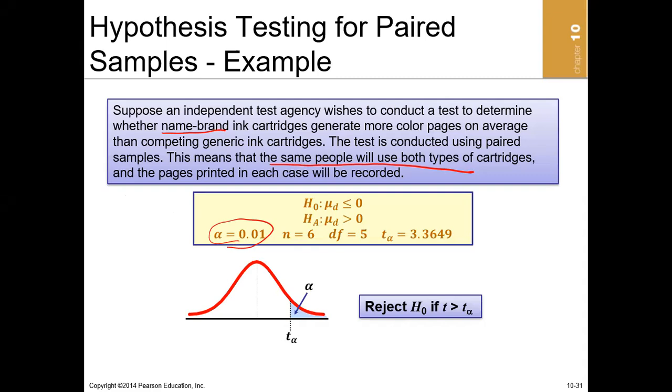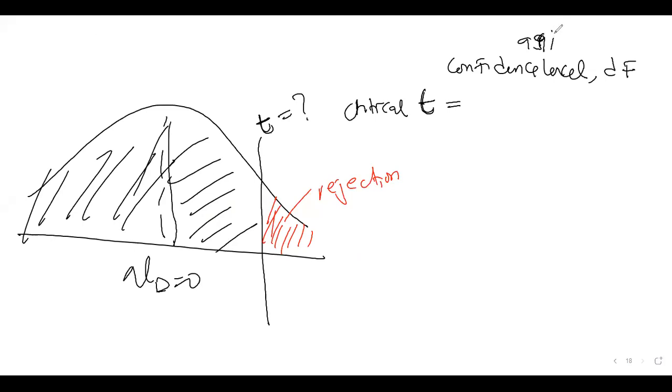And remember, because the sample size is 6, the degree of freedom is 6 minus 1, which is 5. So we are going to read the degree of freedom of 5, confidence level of 99%. That means for only one of the tails, the alpha is 1% or 0.01.